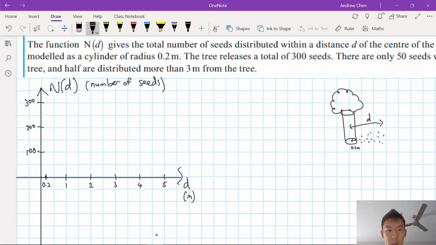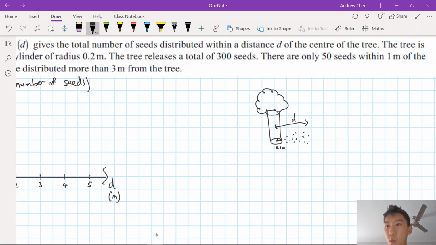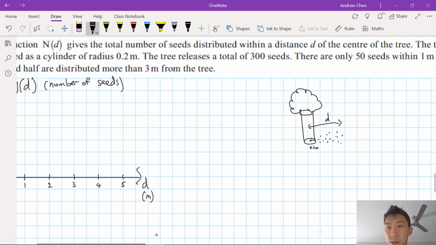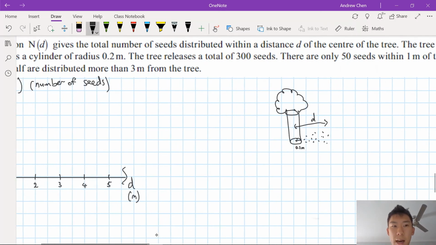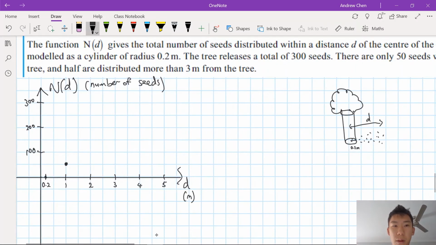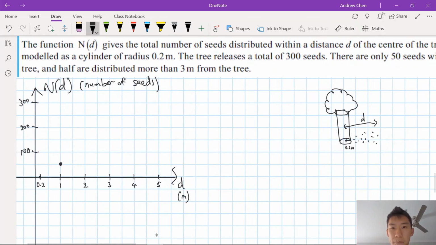That's where it's actually going to start. That's our first point there. And then there are 50 seeds within 1 meter of the tree. So within 1 meter, there's going to be 50 seeds. So we're going to have a point there. And half are distributed more than 3 meters from the tree.